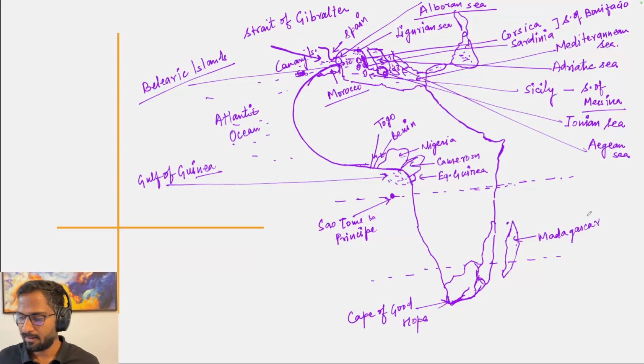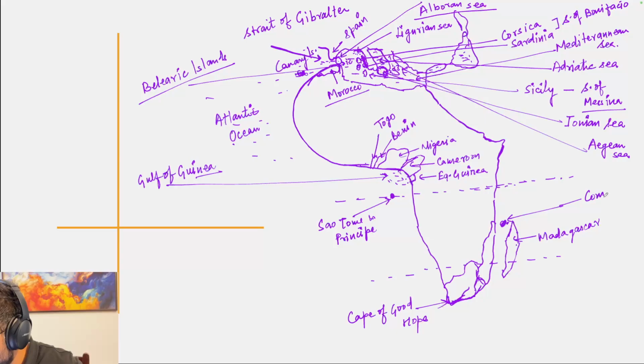Madagascar Island. And then in the northwest of Madagascar Island, between Mozambique and Madagascar, this is Comoros Island. Comoros.